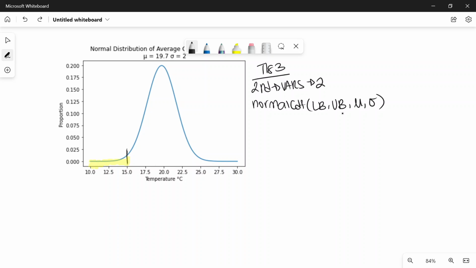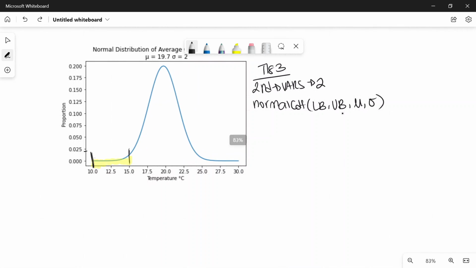In this case, I'm ending at 15, I know that, but when am I actually starting? Well, the normal distribution goes on for infinity, so technically I'm starting at negative infinity. But in a calculator there is no negative infinity symbol, so I have to use an arbitrary number that represents that.